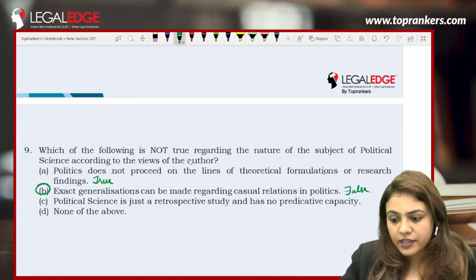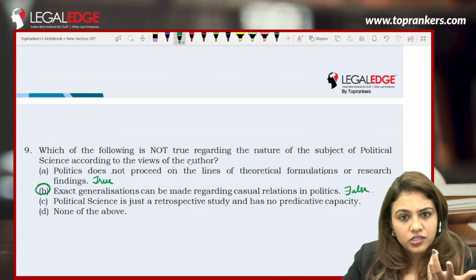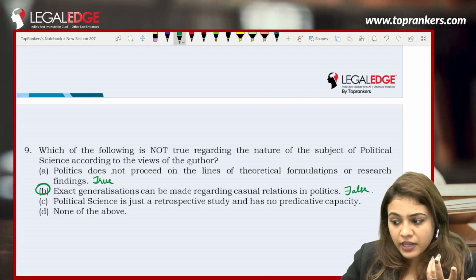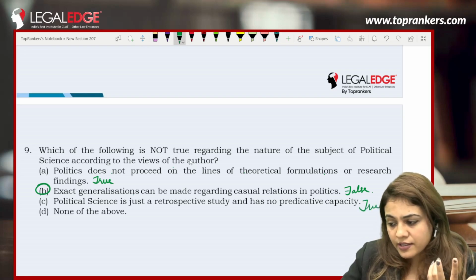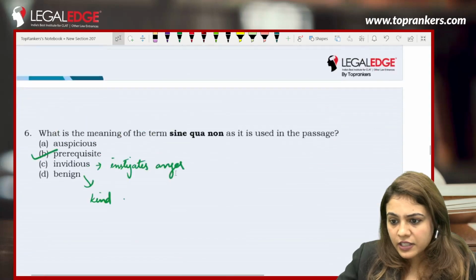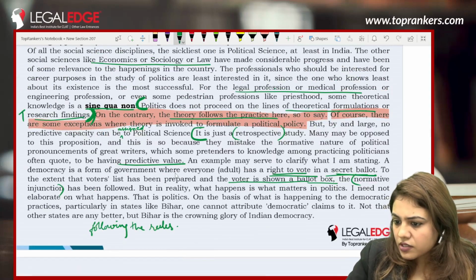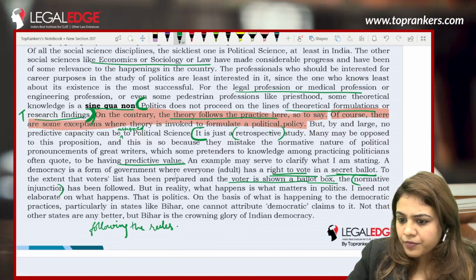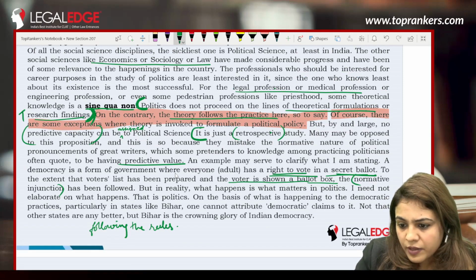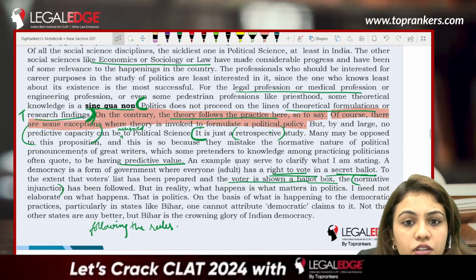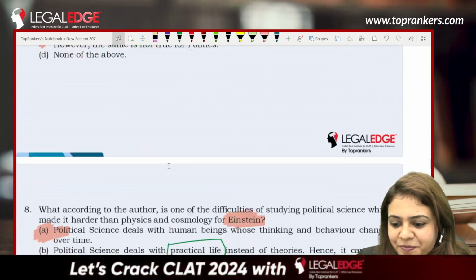And the last one is again true. Political science is just a retrospective study and has no predicative capacity. That's what the writer says. You can easily find it here. It is just a retrospective study and no predicative capacity. So both the things are given directly in the passage.